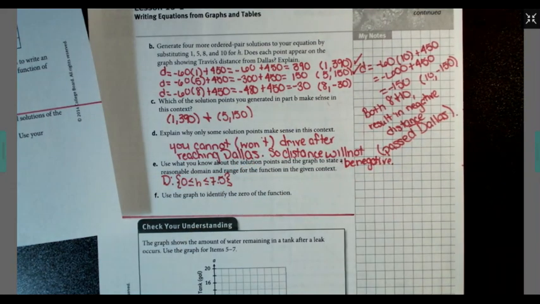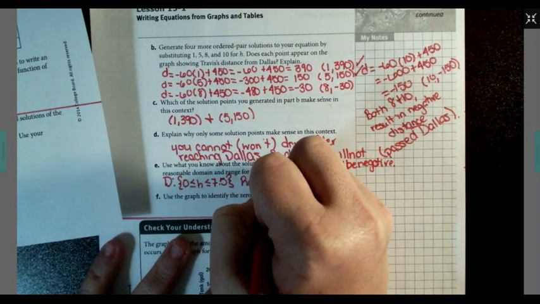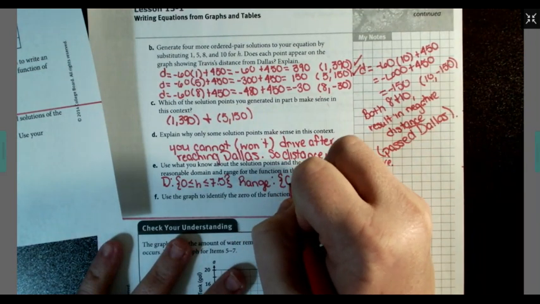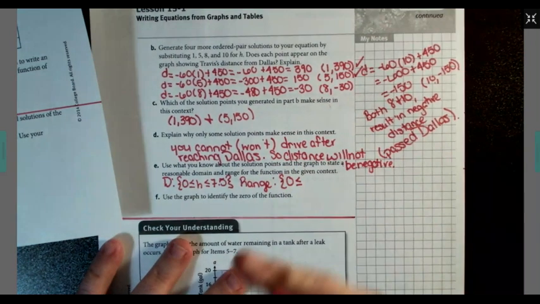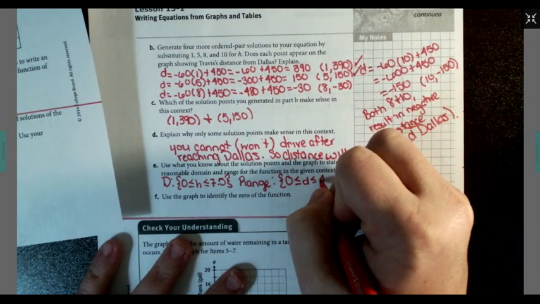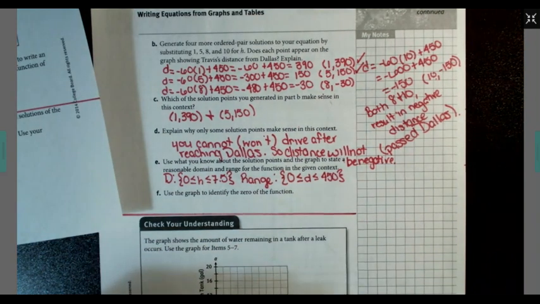After that, we've already got to Dallas, so there's no reason to continue. Let's talk about our range. Range will be between 0 distance from Dallas up to 450 miles away from Dallas, because that's where we started.